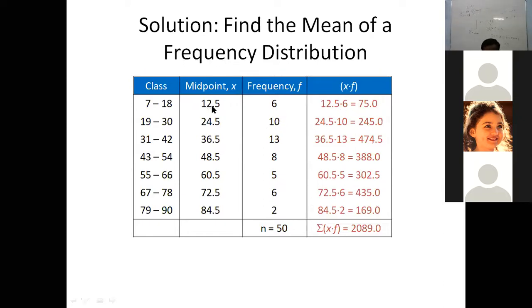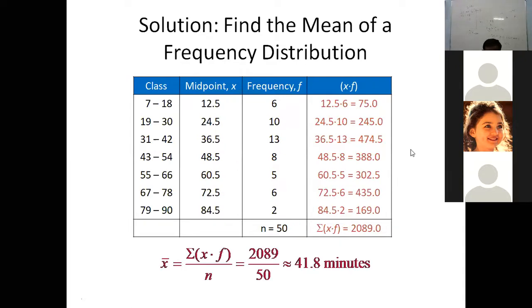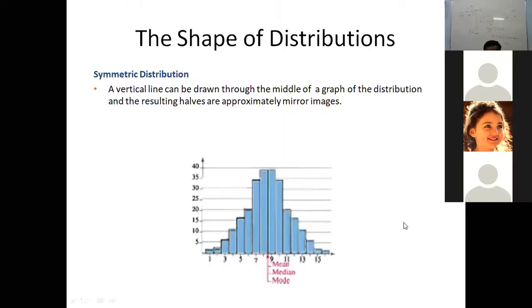You can multiply this 12.5 into 6, blah blah blah. Then this is 2089 divided by 50, right? 2089 divided by 50. So that is 41.8 minutes.